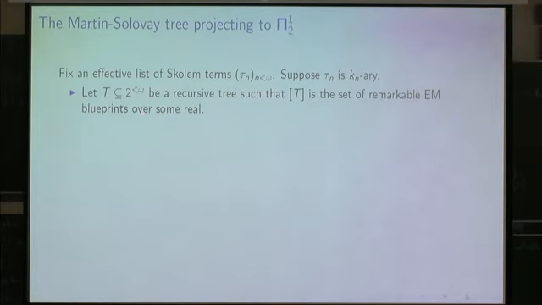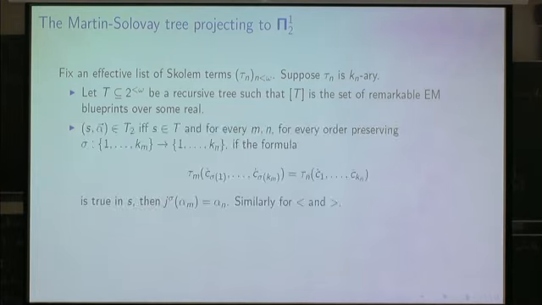The remarkability is just a syntactical axiom, and being an EM blueprint says it's a complete consistent theory, which is pi 0, 1, so it can be represented by the infinite branches of a recursive tree. So T2 is called the Martin-Solovay tree. It has two coordinates. The first one belongs to T, and the second coordinate alpha must try to validate that eventually the first coordinate must be a well-founded EM blueprint.